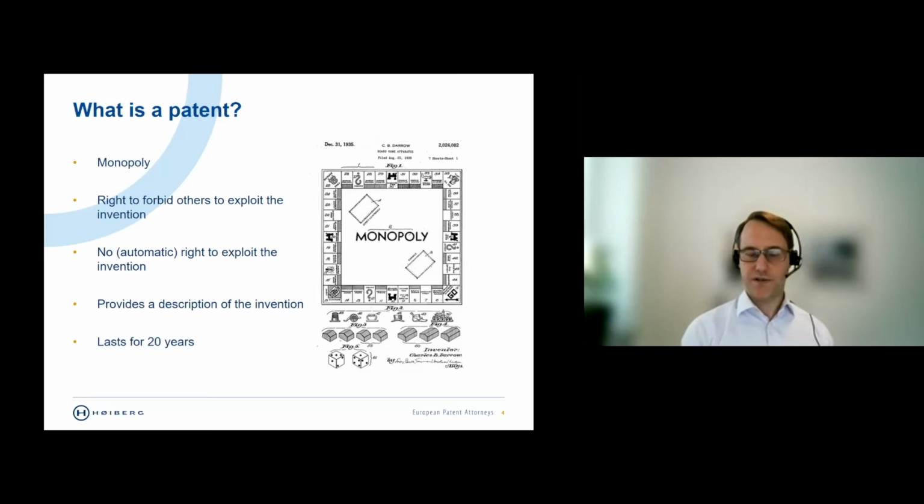The other way around is that if you put a product on the market, you then may infringe others' rights, and that's completely irrespective of whether you have patents of your own. That's called freedom to operate, where you actually have to look at others' rights, and that's not part of this session. But it's good to know what a patent is and what it gives you.